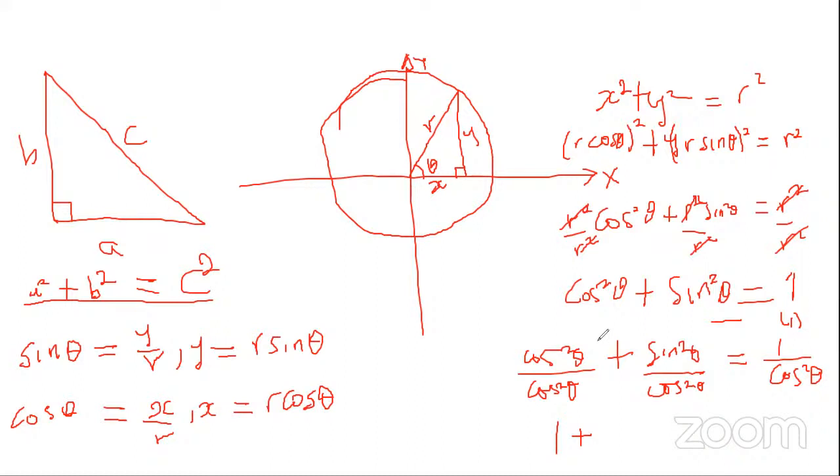I'm trying to derive other identities using this first identity. We first divide by cos, and later we divide by sine.